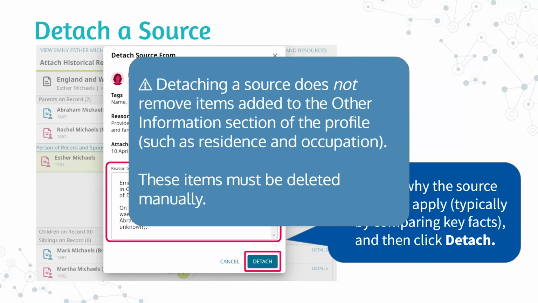That residence ended up in the other information section, but when you detach the source, it does not delete that wrong residence. So you have to go back to the other information section and manually delete that incorrect residence that was attached as part of that wrong source being attached. I hope that makes sense, but again, please ask a question if it doesn't.